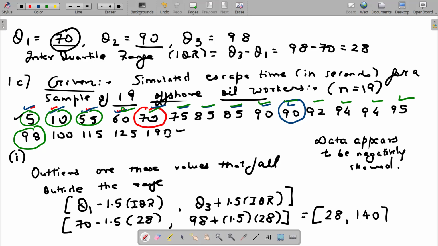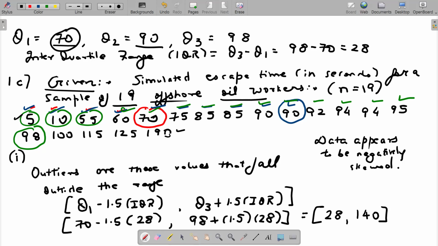So any value which lies outside this is an outlier. Okay, so you can clearly see that in this particular case, the outliers are values which are greater than 140 and less than 28. They all qualify as outliers.